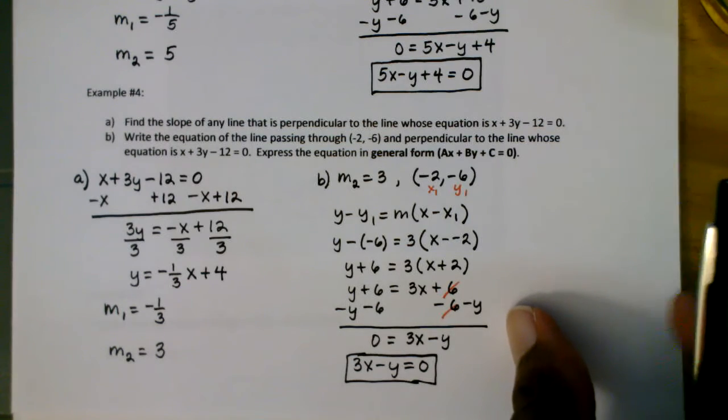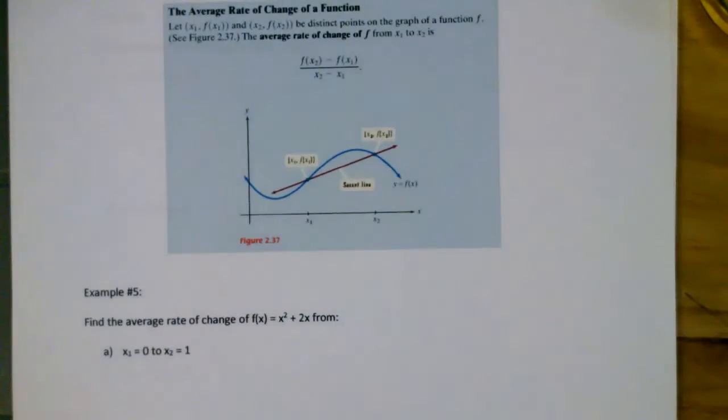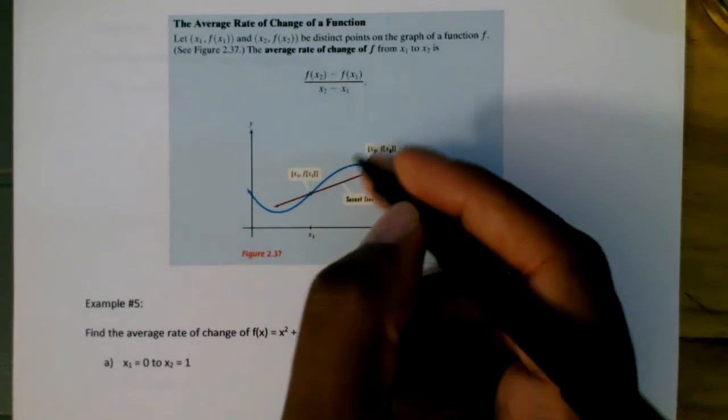All right. Next, we'll look at the average rate of change of a function, because sometimes a function doesn't necessarily have to be a straight line. It could be a curve like this one right here.